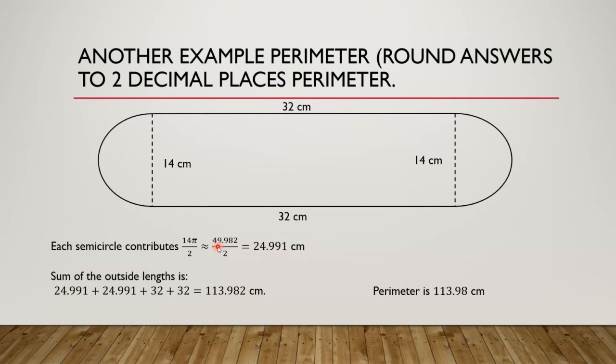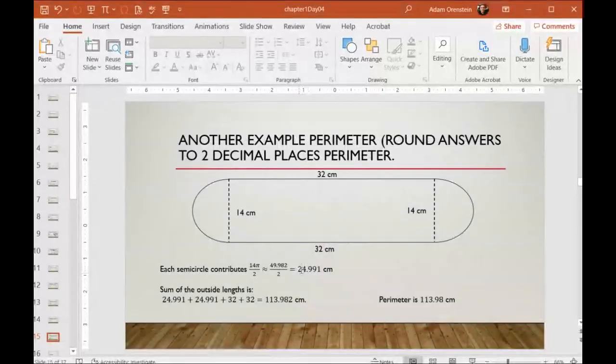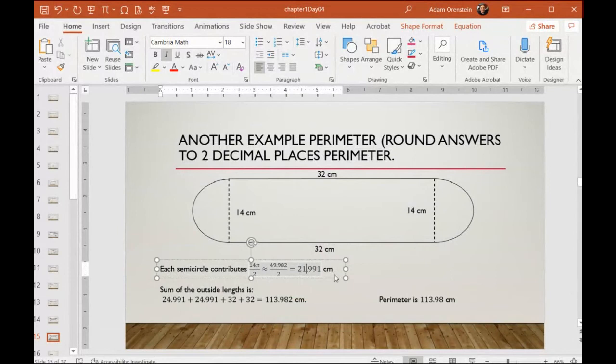Maybe let me see if my answer's right. Oh, should be times pi divided by 2. Yeah, you're right, your answer's right. My mistake. Let me fix that quickly. Oh, okay, thank you. You're welcome. Sorry about that.